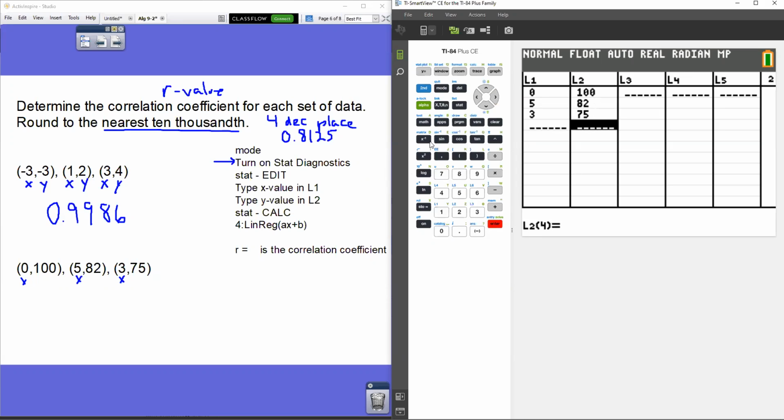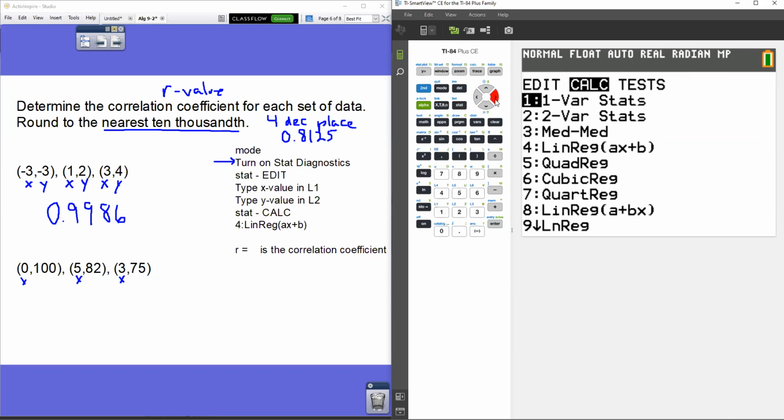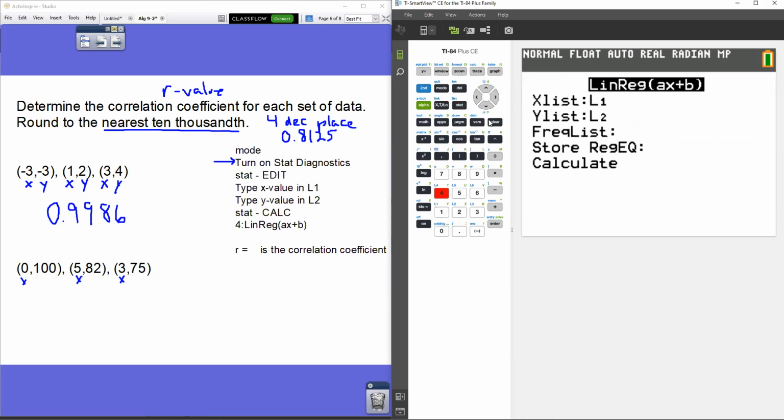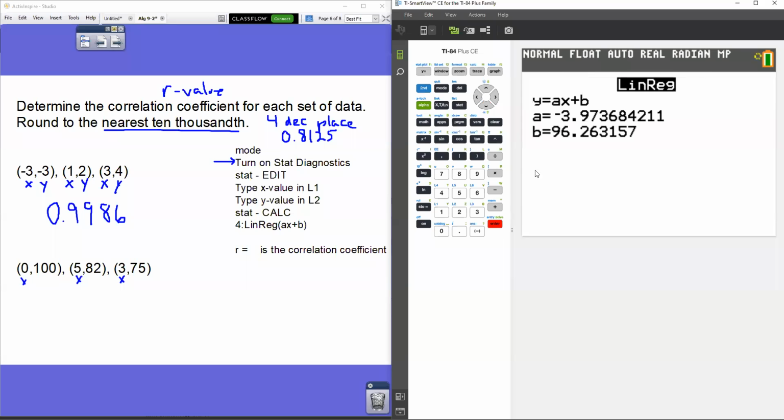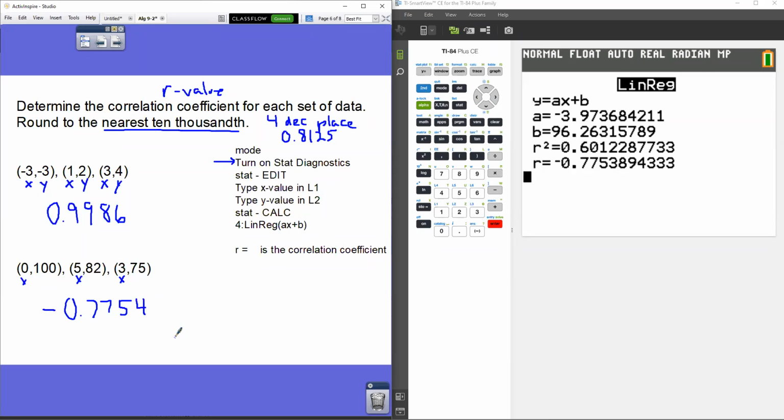So again, I want to go to stat calc number 4, which is linear regression, and then go down to calculate. And it's going to give us our R value, which is this bottom one. Notice that this time it is negative 0.775. And then this one, because it has an 8 after the 3, we would round it up to be negative 0.7754.